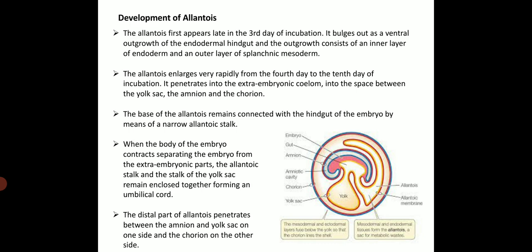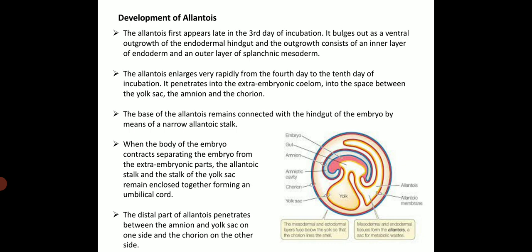The allantois enlarges very rapidly from the 4th day to the 10th day of incubation. It starts to penetrate into the extra-embryonic coelom, into the space between the yolk sac, amnion and the chorion. Here in this picture you can clearly make out where exactly the allantois has been formed.